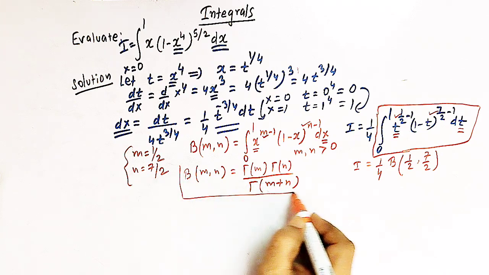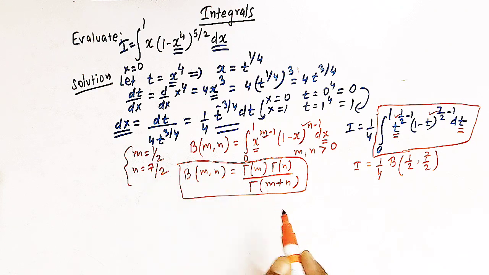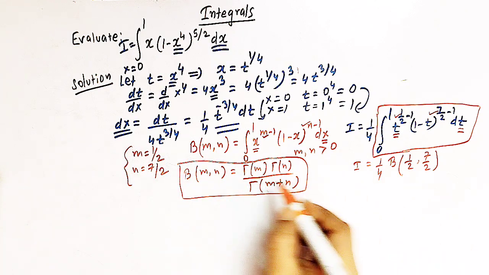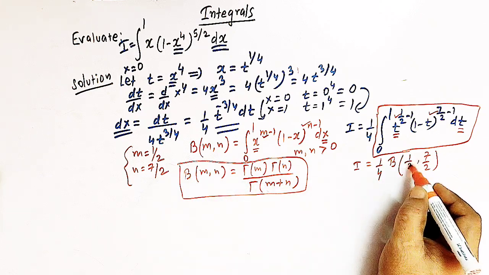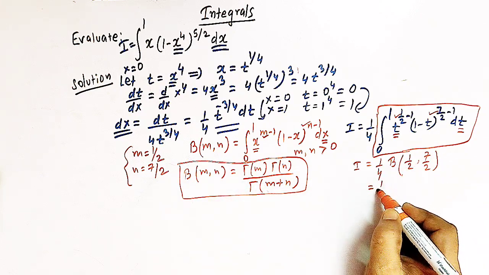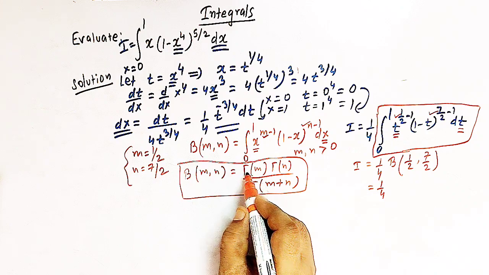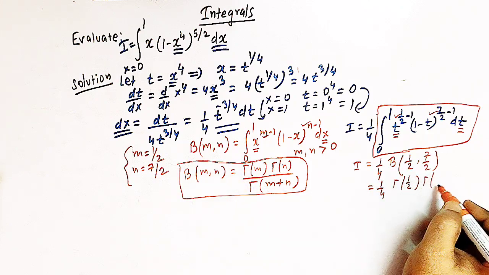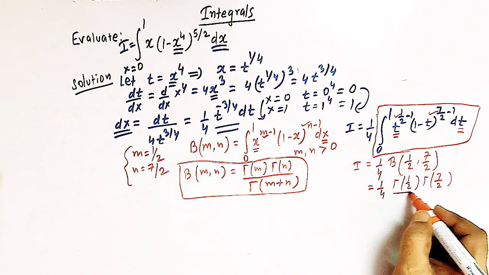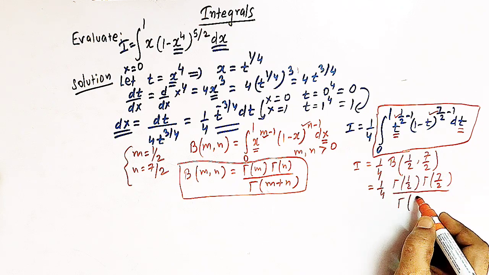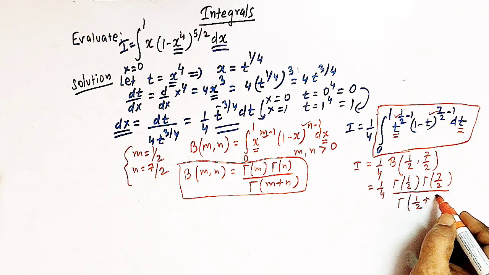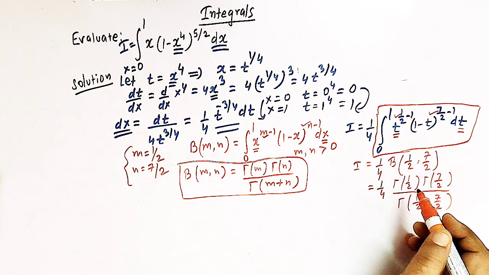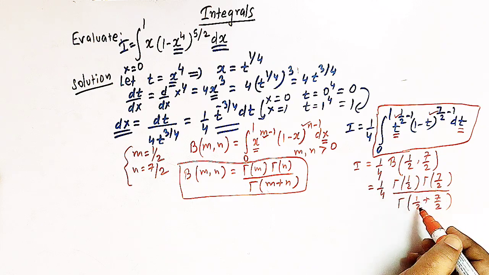So this is an important relation connecting the beta function and gamma function. So here beta of half comma 7 by 2 can now be written in terms of gamma function as gamma of half, then gamma of 7 by 2, and divided by gamma of half plus 7 over 2. So now we have to calculate the values of these three terms.